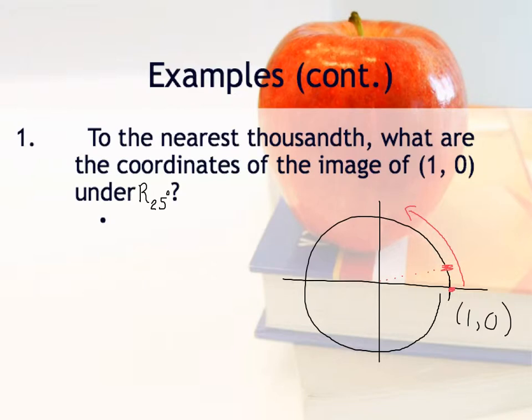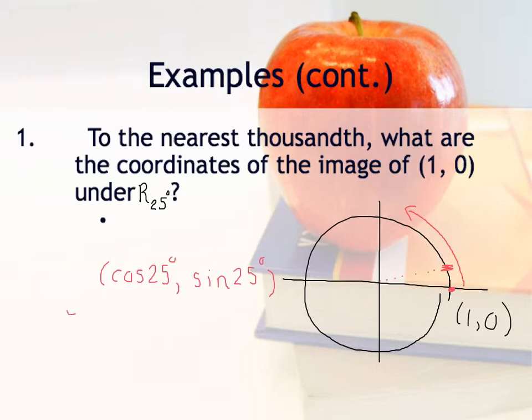Well, again, we know that every x-coordinate on the unit circle can be found by taking the cosine of the angle of rotation, and every y-coordinate can be found by taking the sine of that angle of rotation. So our x-coordinate of this rotation will be whatever we get when we take the cosine of 25 degrees, and our y-coordinate of this point on the unit circle will be whatever we get when we take the sine of 25 degrees.